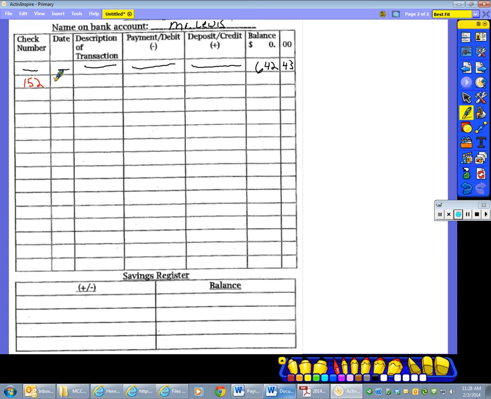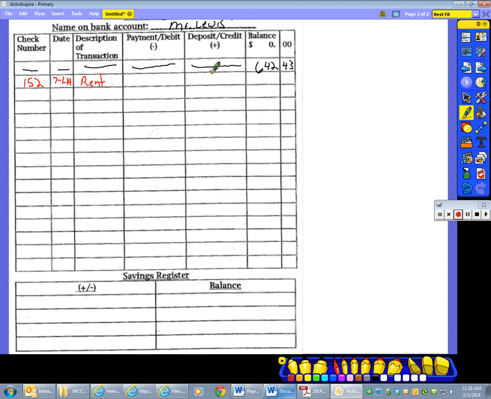So we've got 7/1. I guess we're talking about 2014. For the description of the transaction, you can say rent. And now we have to determine if it was a payment. Did we lose money on this, or was it a deposit? A deposit means that you put money into your account.